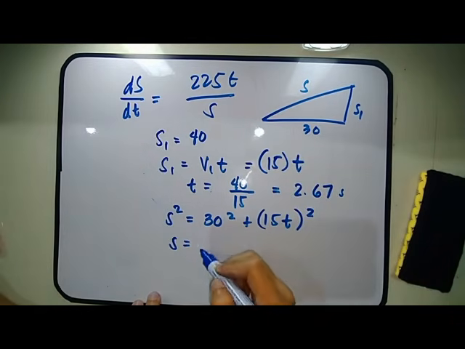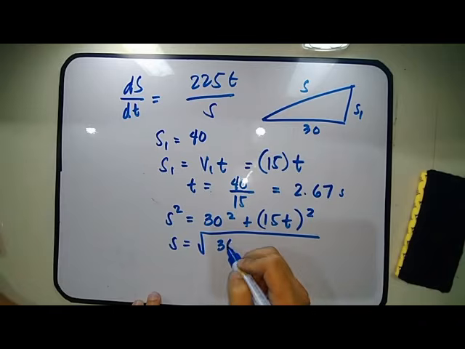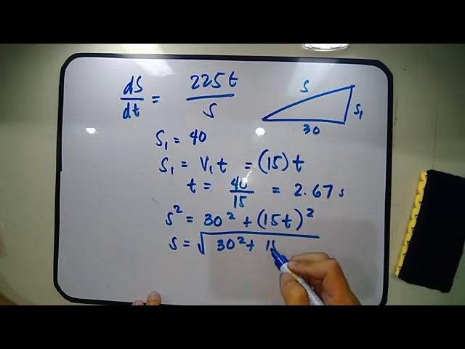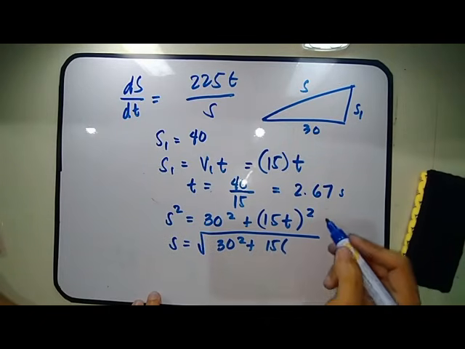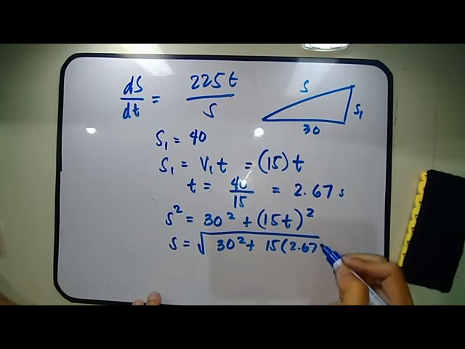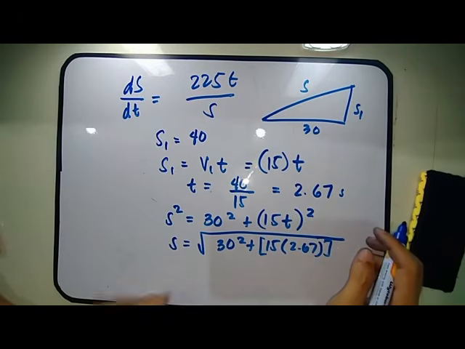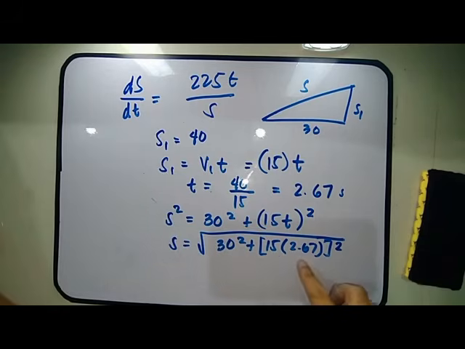S equals the square root of 30 squared plus 15 times our T, 2.67. Or perhaps you can reduce that to just 40. So this is just 40. We have here S is 50. Then we have the time. Here we have S. Therefore we can substitute now.